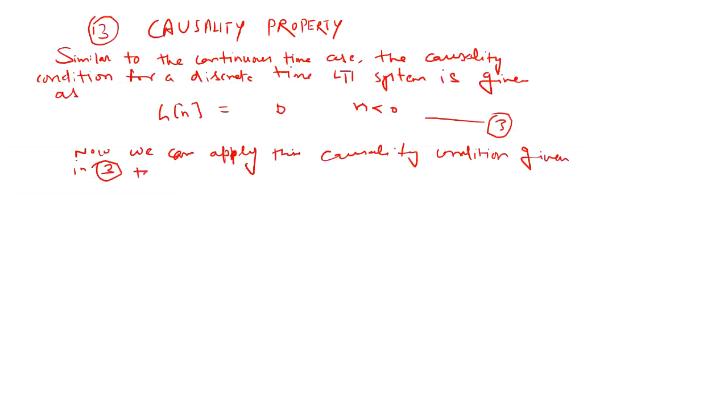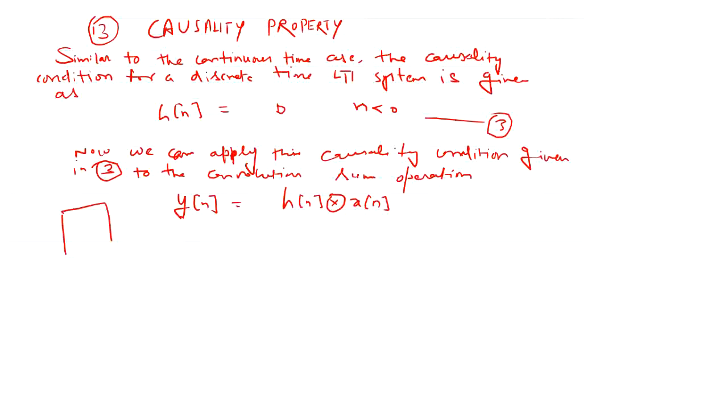The convolution sum is y[n] equals h[n] convolved with x[n].